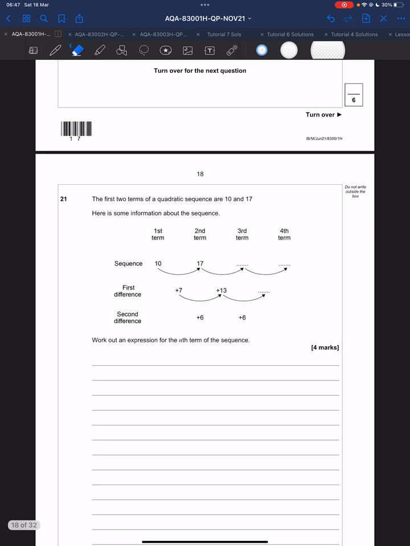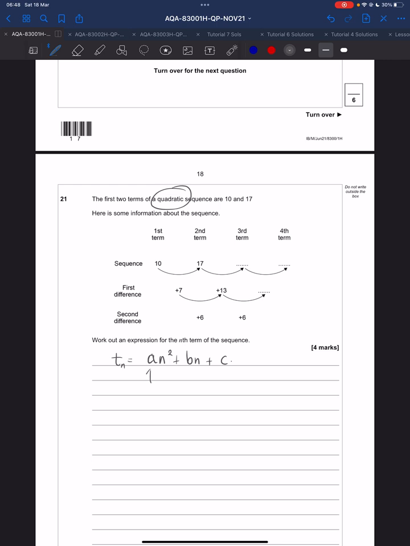21. The first two terms of a quadratic sequence are 10 and 17. Here's some information. Work out an expression for the nth term of the sequence. So when you've got a quadratic, the nth term is an squared plus bn plus c.